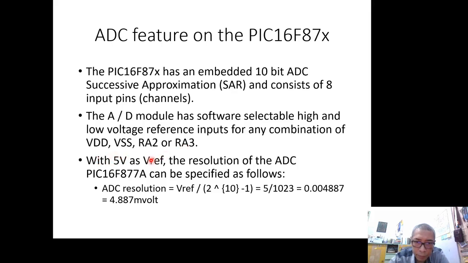With 5 volts as VREF, the resolution of the PIC16F877A ADC can be specified as follows. The ADC resolution is VREF divided by 2 to the power of 10 minus 1. So 5 divided by 1023 for 10 bits, we have 4.887 millivolts. For each one-point increase, it is 4.887 millivolts.